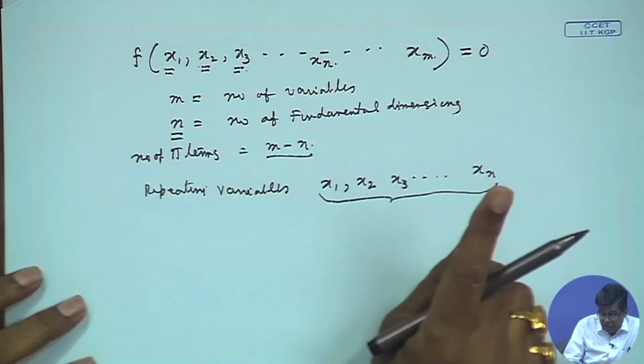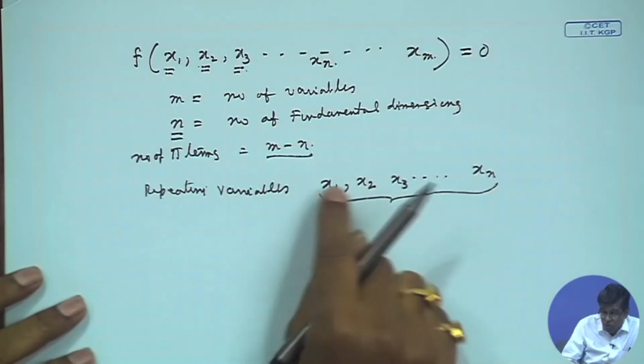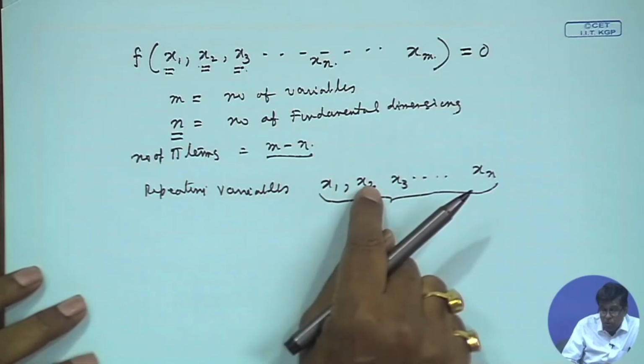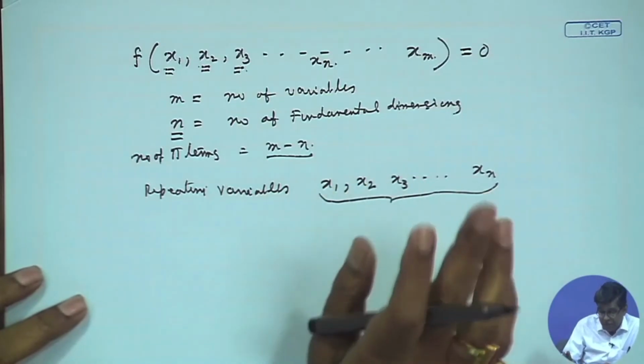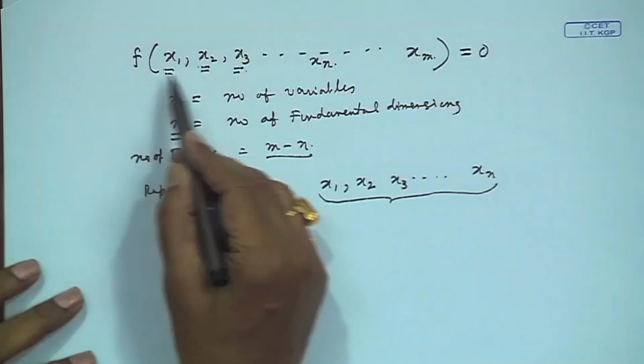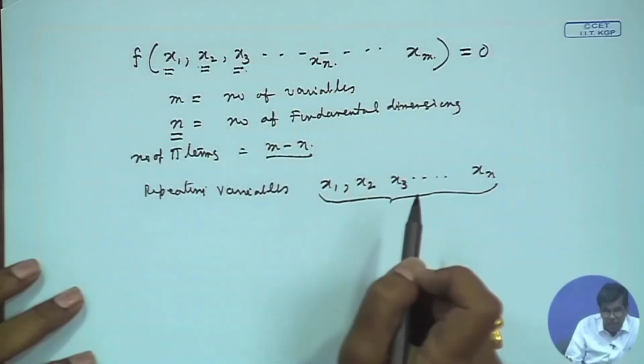And another caution is that no two variables should have the same quantity. That means no two variables should be both geometrical dimensions or both velocity. So, these two same physical entities should not be taken. So, if you take these, you can find out the pi terms from this.